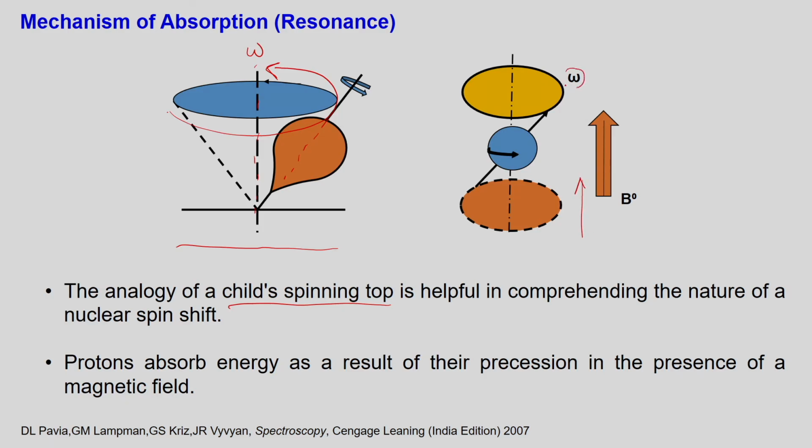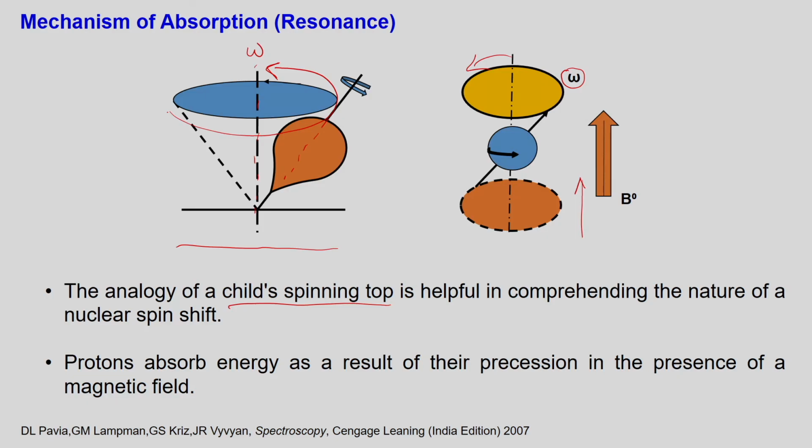This omega is called the precession frequency, and we will see what that means. We are not interested in the spinning around its own axis, but in the precession. The precession frequency is the one we are more interested in, and this is actually detected by the instrument, that is the NMR spectrophotometer.